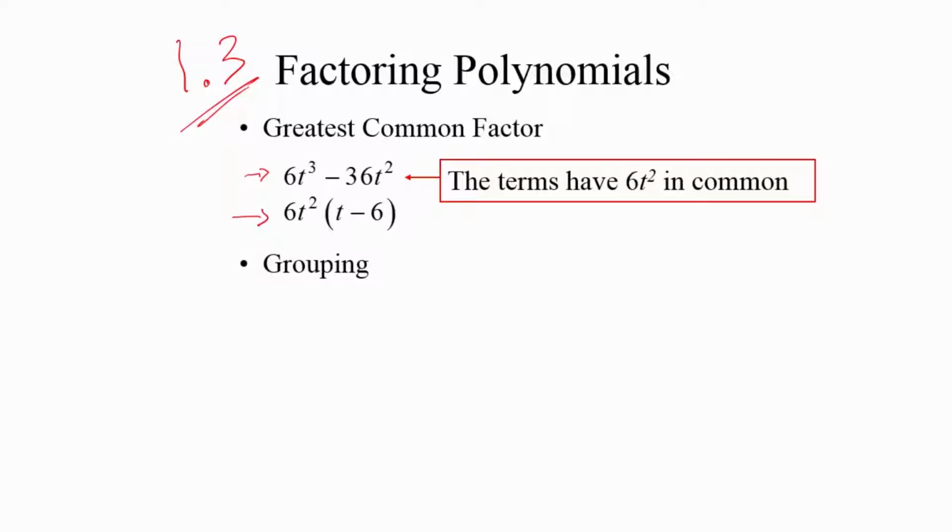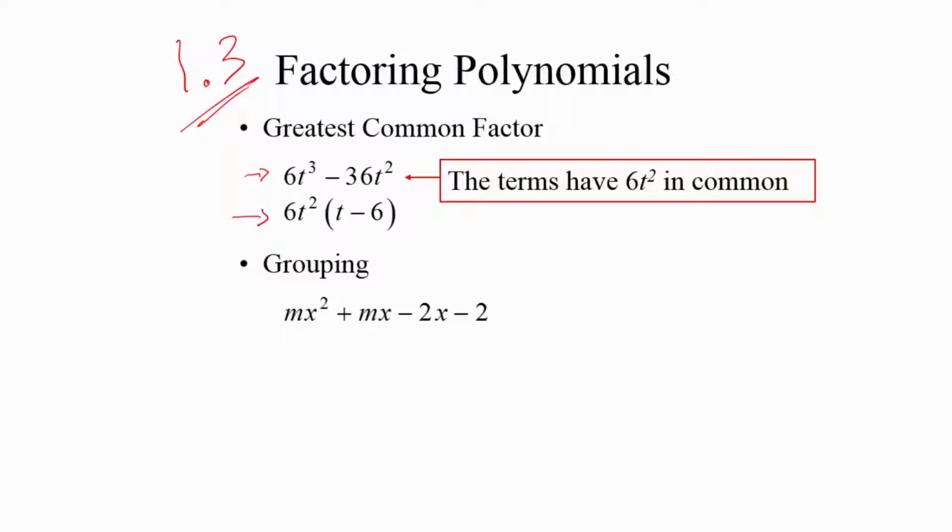Sometimes in factoring polynomials, you have to group them before you are able to factor them. Look at this example. You have mx squared plus mx minus 2x minus 2, right? Well, at first glance, nothing is common between the four pieces here.